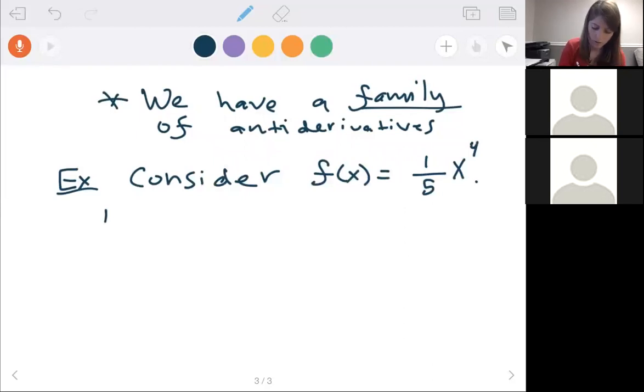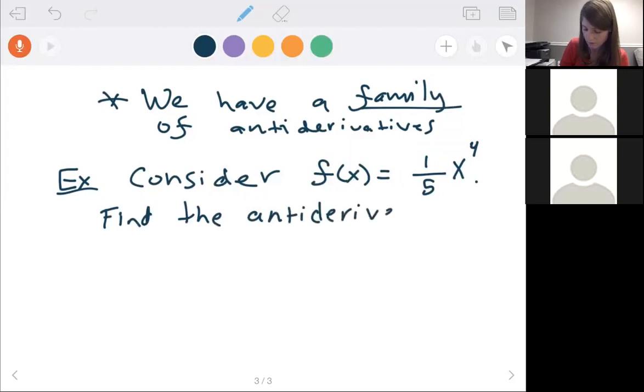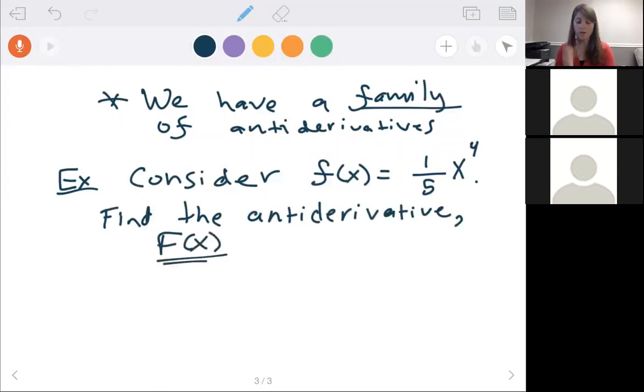Then we're going to say find the derivative, or find the antiderivative. A lot of times, like I mentioned, they'll want to call that antiderivative capital F. So what we're looking for is the function whose derivative gives us this back.